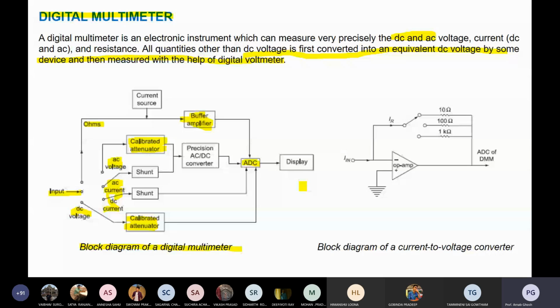You want to see the values in the display of your instrument. That's why the analog to digital converter is important. The quantity you are measuring is analog, but your output is digital output, which you are able to see.